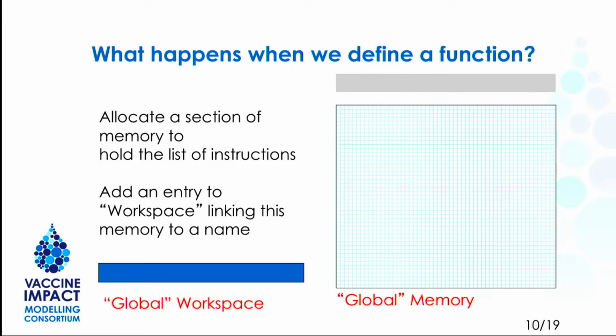R is a bit loosey-goosey with how it does this. So we're just going to step through and think about what happens when we define a function, and how R defines and uses functions.